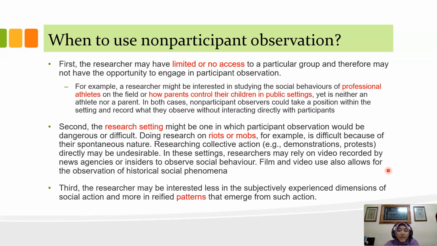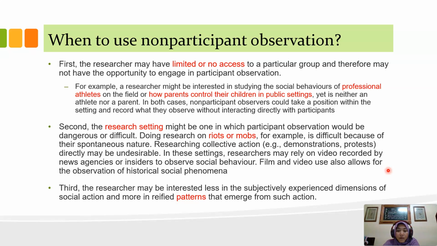And then, when to use non-participant observation? First, the researcher may have limited access, or no access to a particular group, and may not have the opportunity to engage, so you cannot have participants, and we choose non-participant observation. What are examples where we cannot have participants?